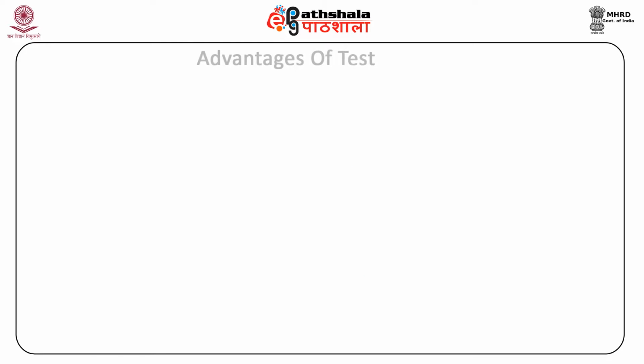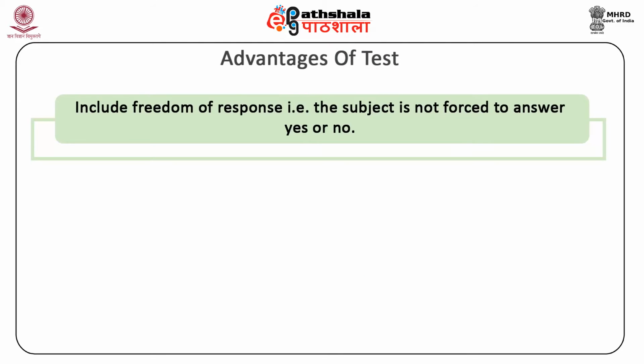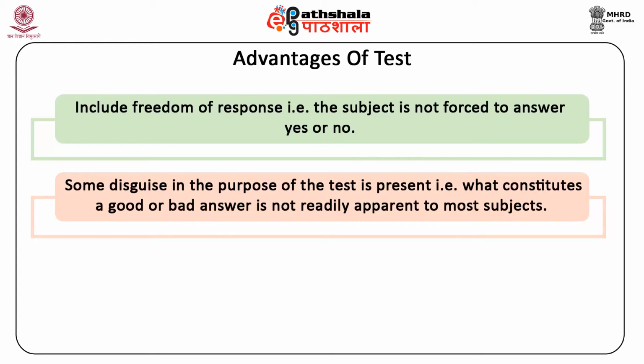The advantages of this test include freedom of response, that is, the subject is not forced to answer yes or no to the examiner's question. Some disguise in the purpose of the test is present. That is, although the subject may be aware of general intent, what constitutes a good or bad answer is not readily apparent to most subjects.